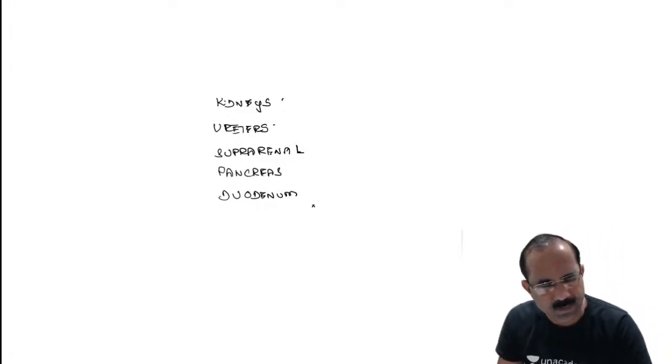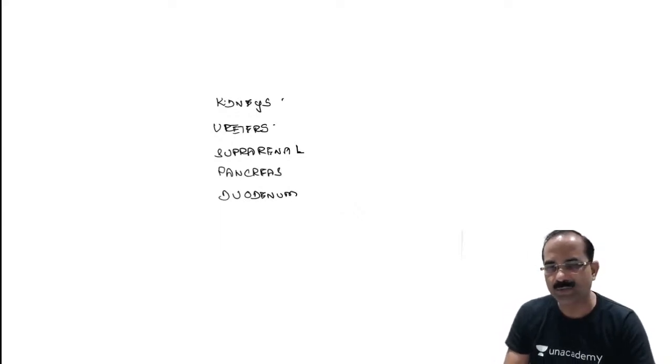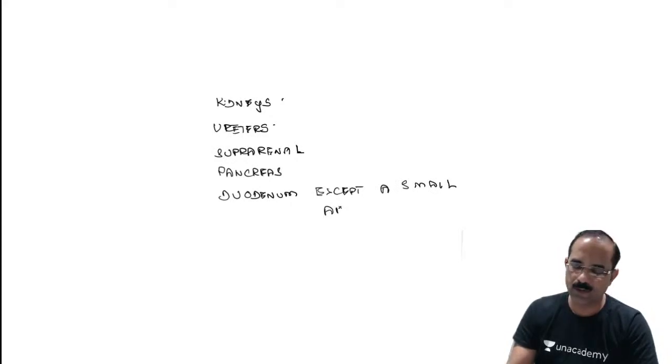There's some exception for the duodenum. Not that the entire duodenum is retroperitoneal. The duodenum, yes, is retroperitoneal except a small area of the first and the fourth parts.